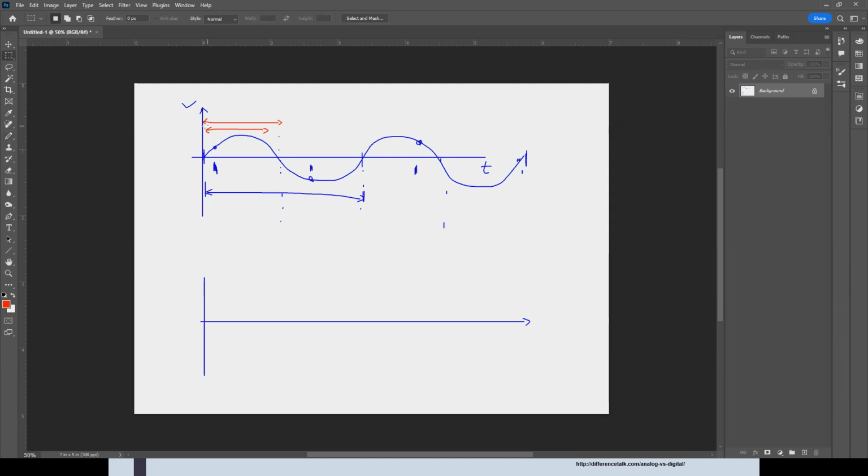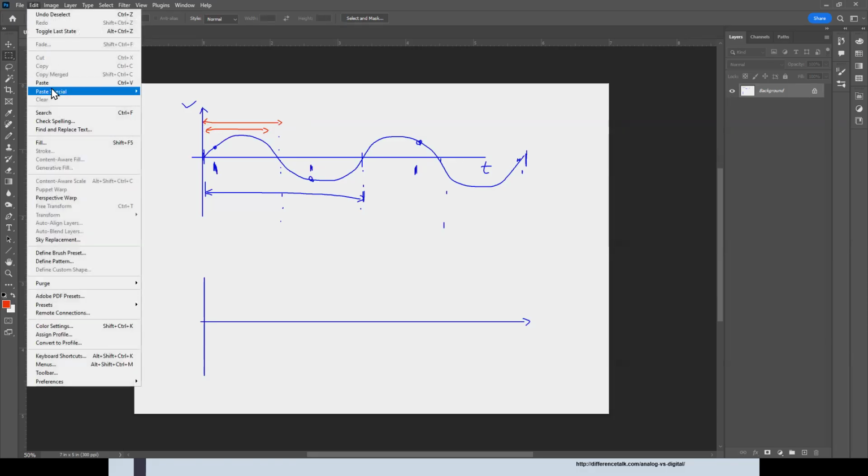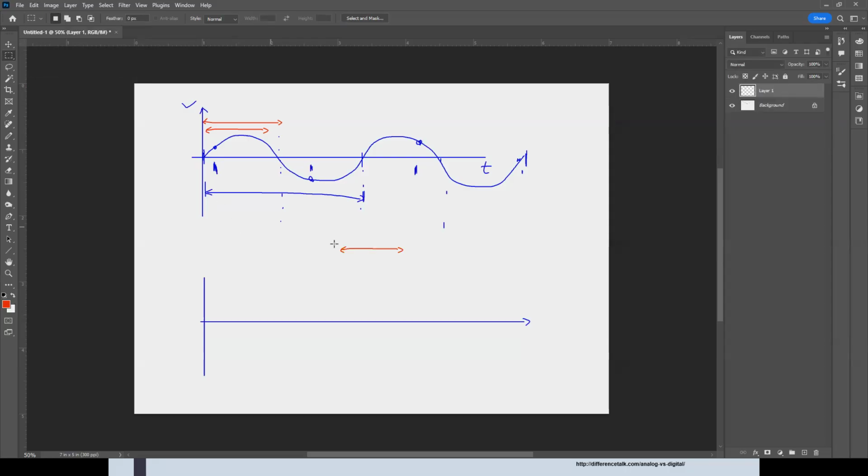And let me just quickly copy that. Paste it. We're just going to run it right somewhere here. Paste it again. Run another point right here.